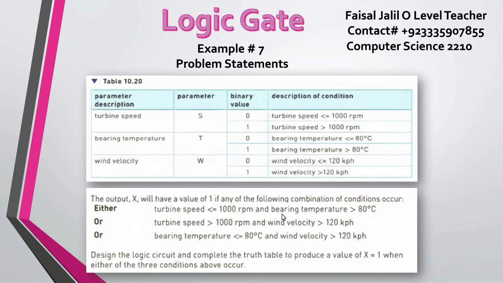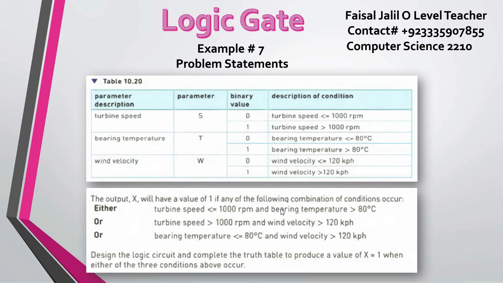Now the second input of the AND gate comes from bearing temperature, which is greater than 80 degrees Celsius. Bearing temperature is represented in this table by T. Bearing temperature greater than 80 means T is equal to 1.